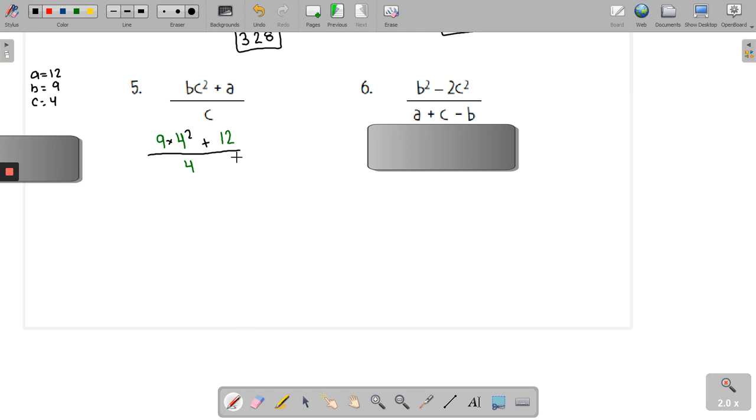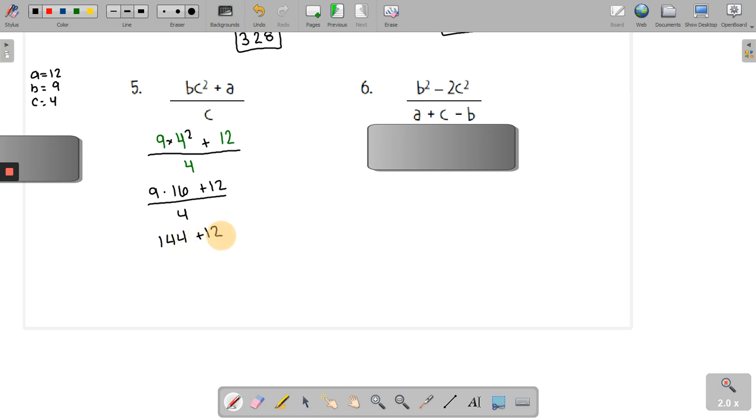We're going to look at the numerator first and apply our PEMDAS. We're going to start with 4 squared. 4 squared is 16. Multiply that by 9 and add 12. And we still have a denominator of 4. So 9 times 16 gives us 144.